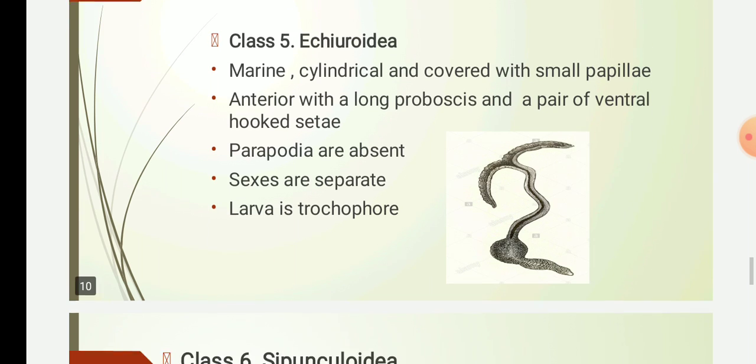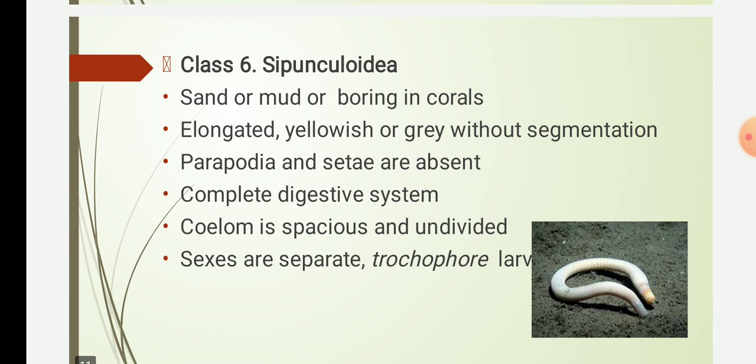The next class is Sipunculoidea. Sipunculoidea are found in sand or mud, or boring in the coral reefs at the seashores. The body of the organisms belonging to Sipunculoidea is elongated, yellowish or grayish in color, without segmentation.